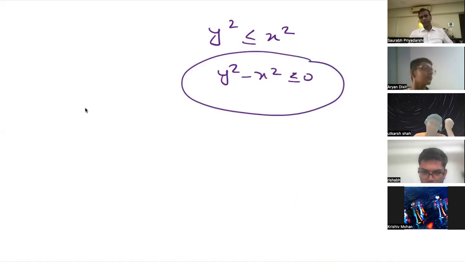Everyone? Try. Let's try. Don't hesitate. x square minus y square less than equal to 0. You have to plot this on the xy plane.